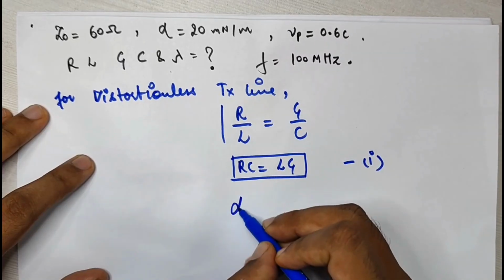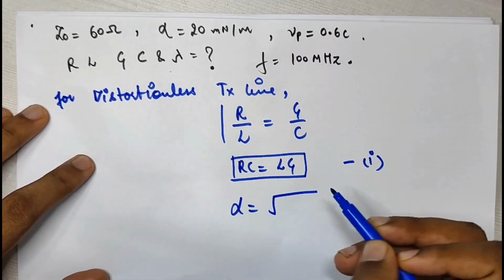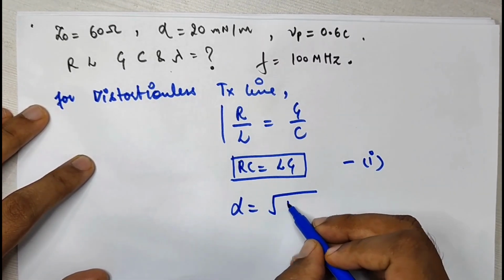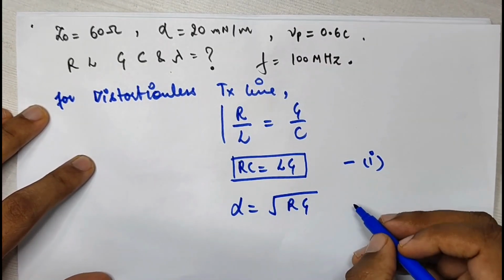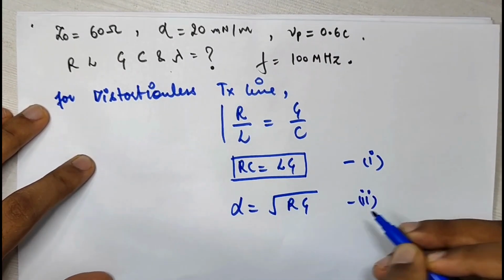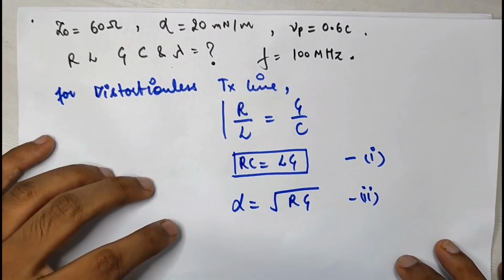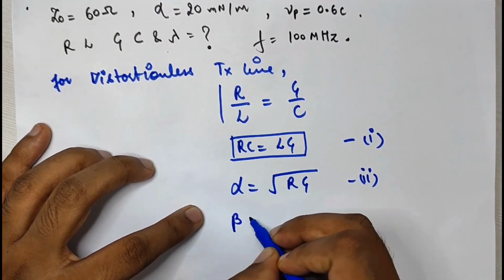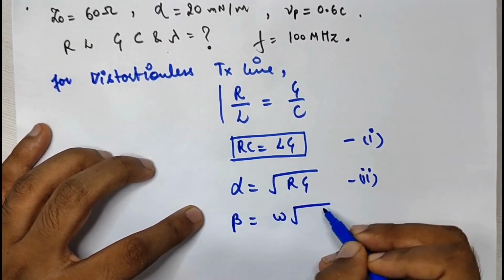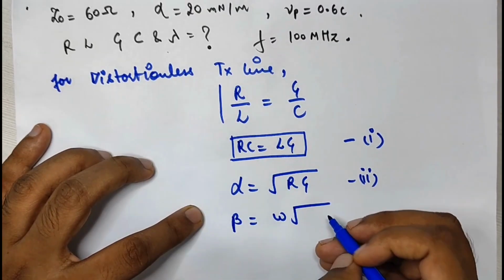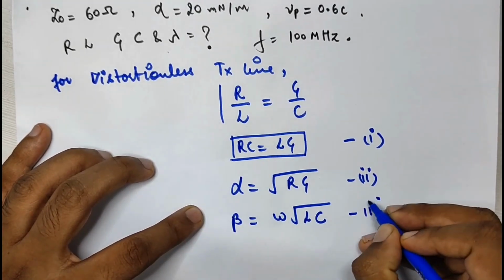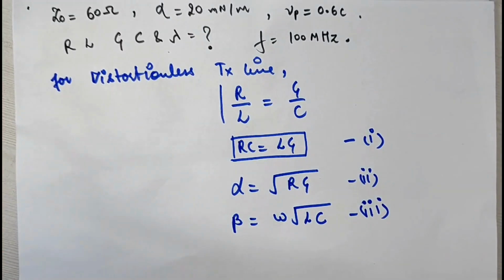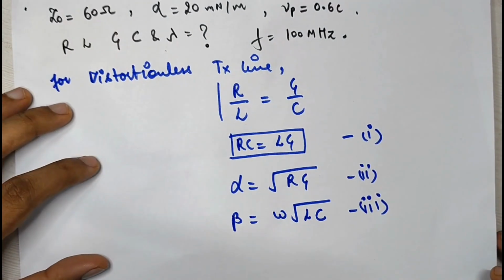We also know alpha is equal to root RG. The attenuation constant is independent of frequency for a distortionless transmission line. And we also know that beta is equal to omega under root LC, a linear function of frequency. These three things we know.